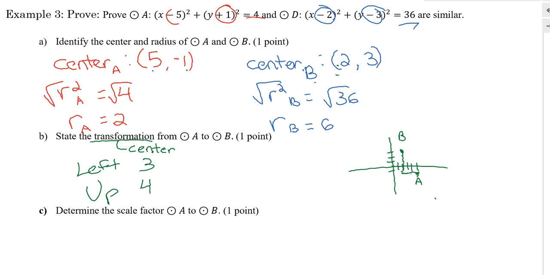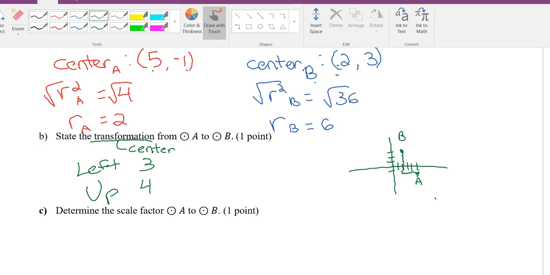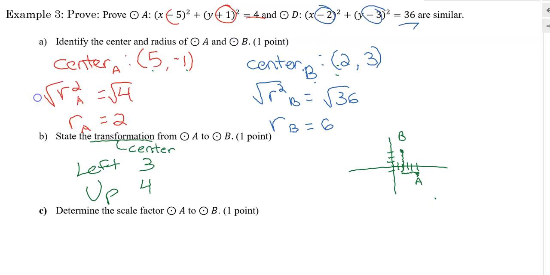Then C, determine the scale factor from A to B. Remember, scale factor has to do with your radii. Scale equals image over pre-image.